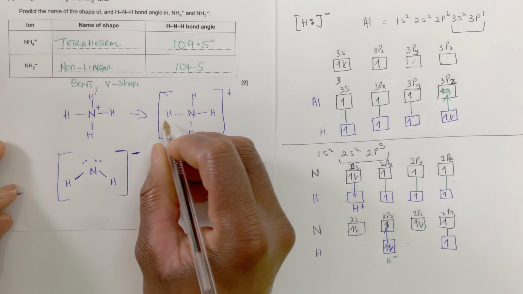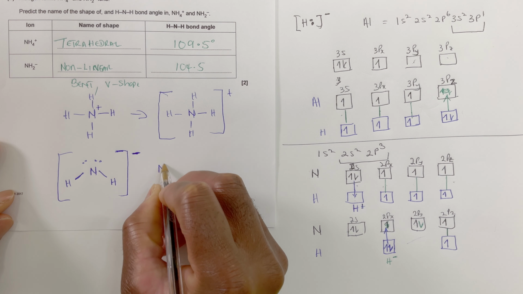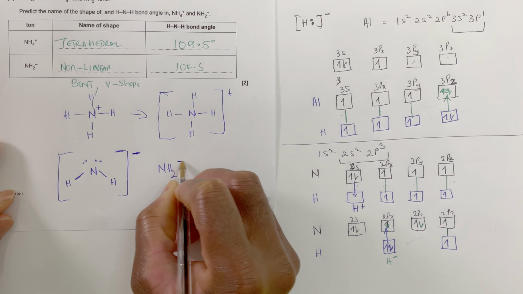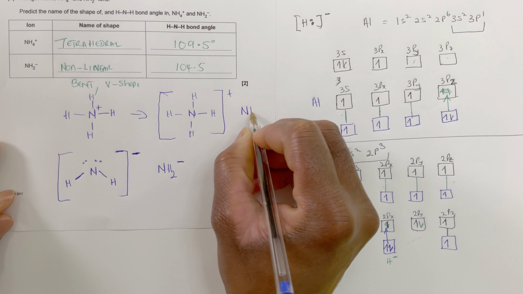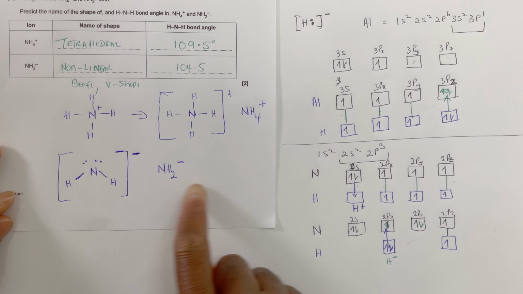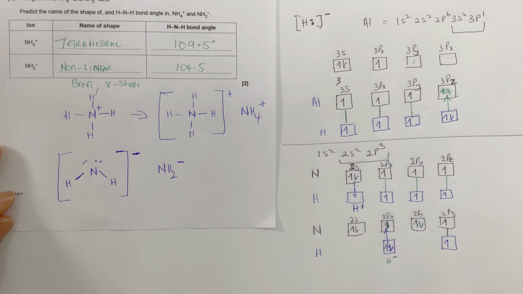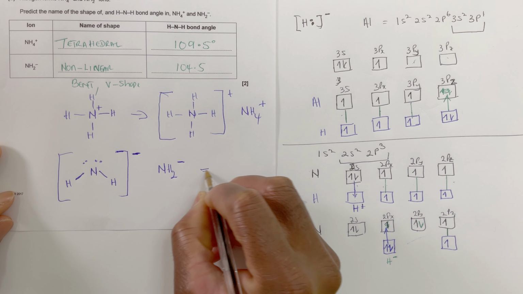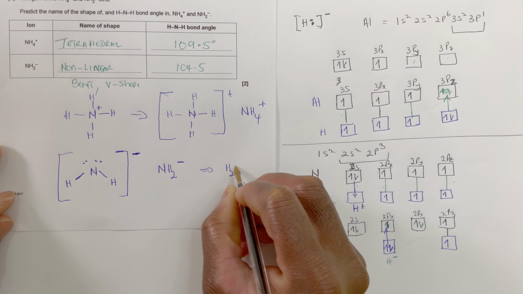And so that's the shape you get for the NH2 minus, and this is NH4 plus. And that's why this is very similar to water, which is H2O.